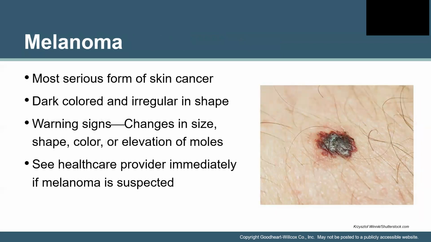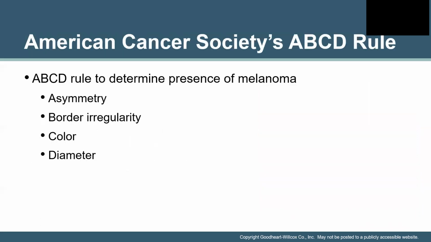If you get a melanoma, this is a serious one. They're dark colored and irregular shaped. If they start changing size or a mole elevates, you might have a case of a melanoma and you want to get it checked fast. Otherwise, they metastasize easily and they don't respond to treatment like the other kinds do.